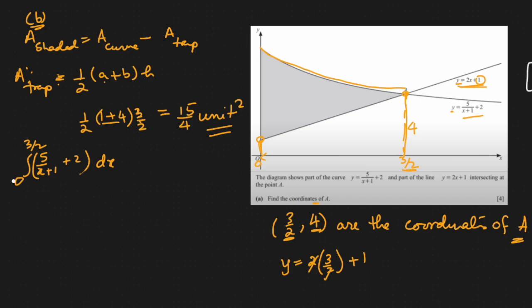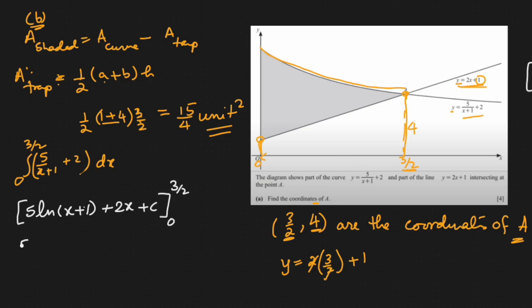When we integrate this, it has a linear denominator, so it's easy. 5 natural log of x plus 1, divided by the differentiation of x plus 1, which is 1. There is no need to divide by 1. Plus, what is the integration of 2? 2x plus c, from 0 to 3 over 2.